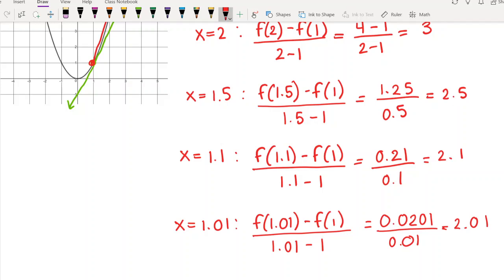If we were to do 1.001, bringing that second point even closer, then we would get a slope of 2.001.